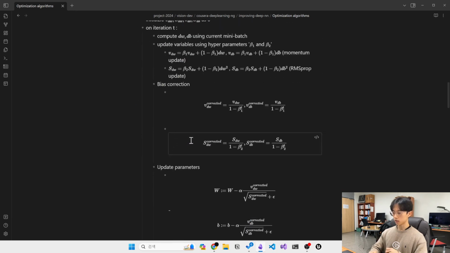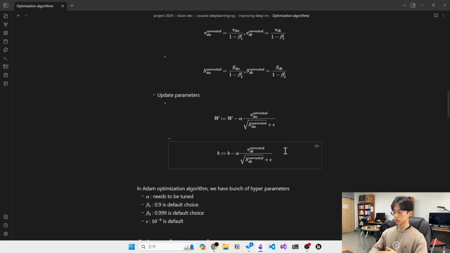But in this case, we divide the VdW and Vdb, which is the exponentially weighted average of the gradient, by the square root of SdW and Sdb, and both variables are the bias corrected variables.